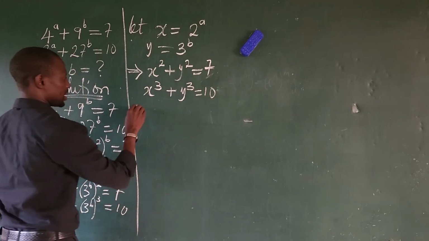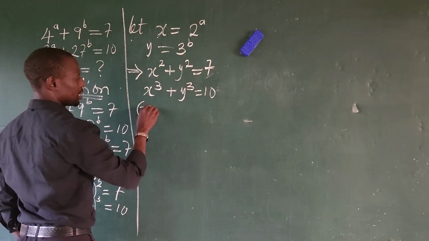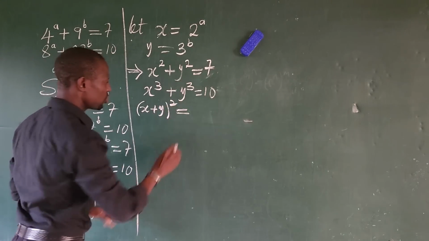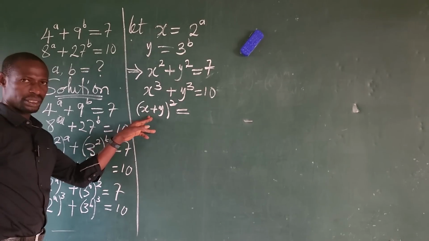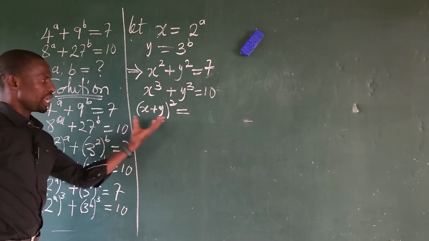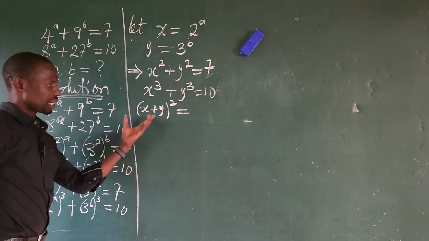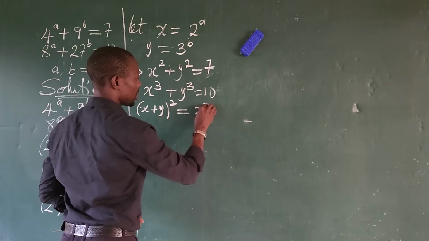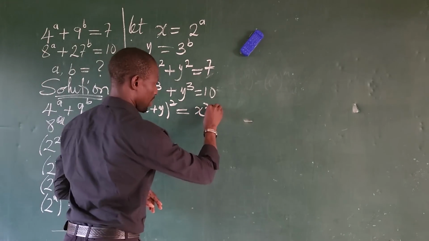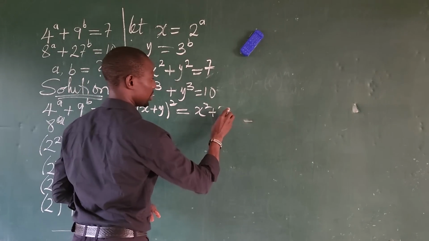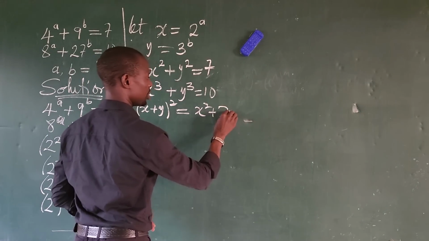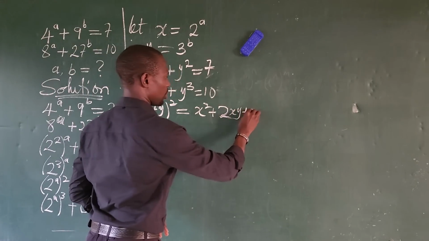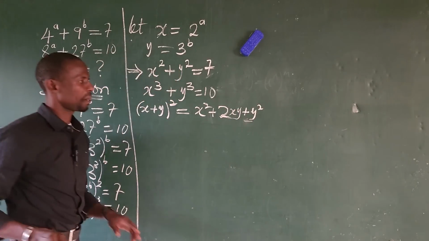Now, remember that if we have (x + y) all squared, we can use binomial expansion, Pascal's triangle, to expand this. If we use Pascal's triangle to expand it, this will give us x squared, plus 2xy, then plus y squared.